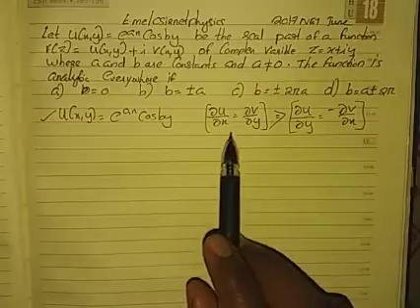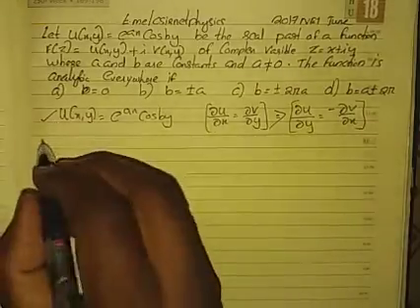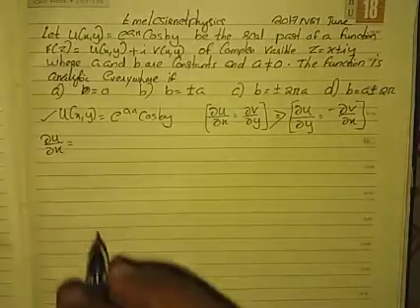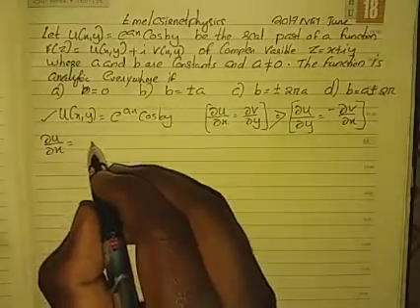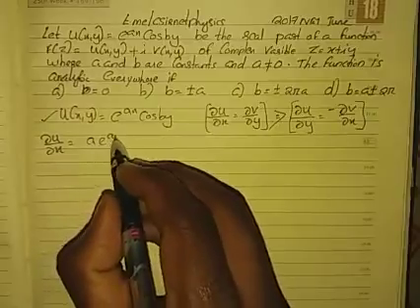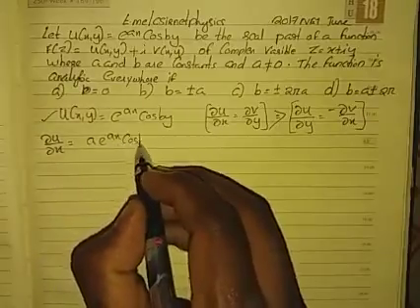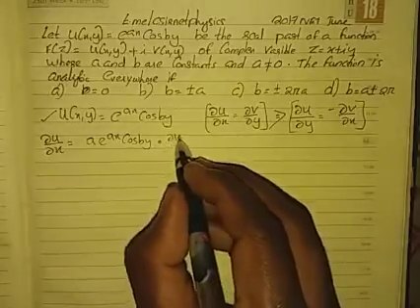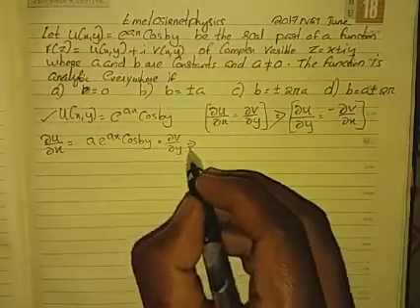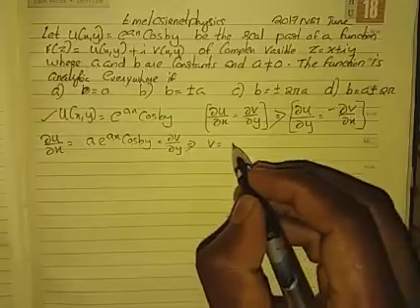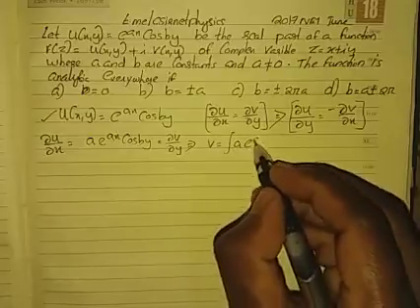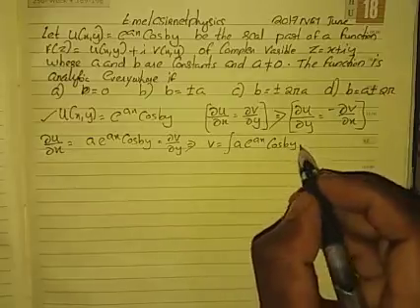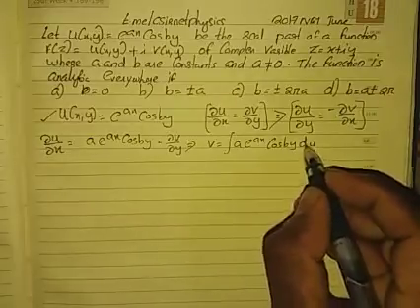What we are going to do first is find dou u by dou x, the partial derivative of u with respect to x. It will be a e raised to ax cos by, which is equal to dou v by dou y. So v can be written as the integral of a e raised to ax cos by dy.